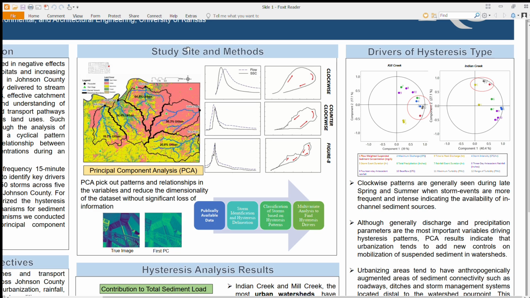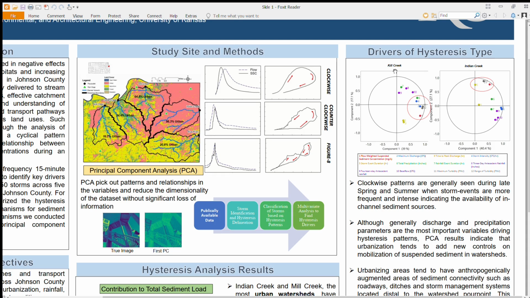But increasing the significance of distal sediment sources is not the only effect of urbanization on streams. Here we can see the results of our principal component analysis for 2 watersheds with different land uses. Each point is showing a separate variable, and once the points are close together, we can say the corresponding parameters are more correlated to each other.